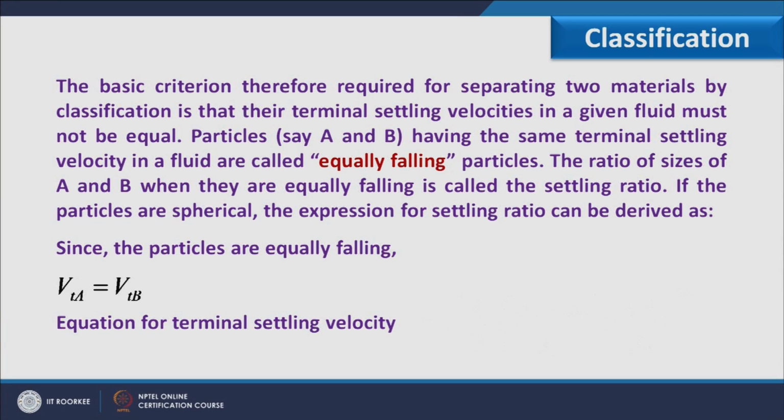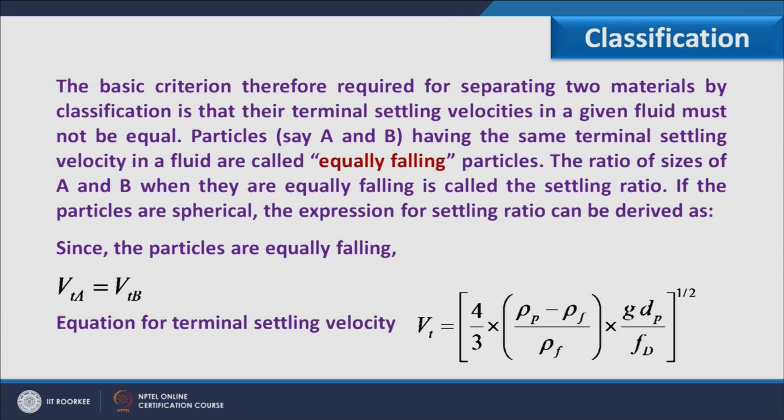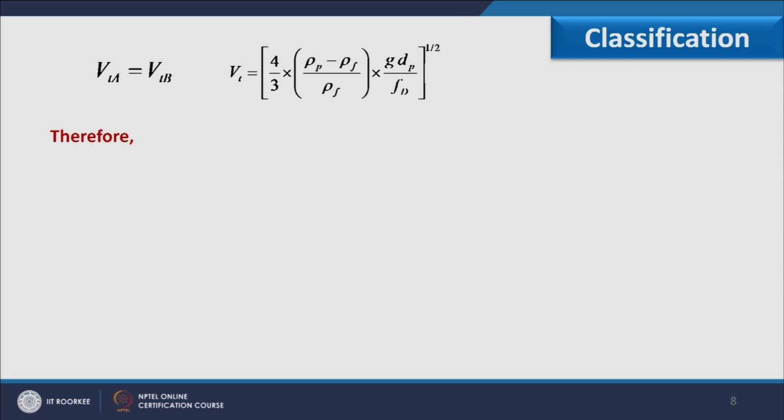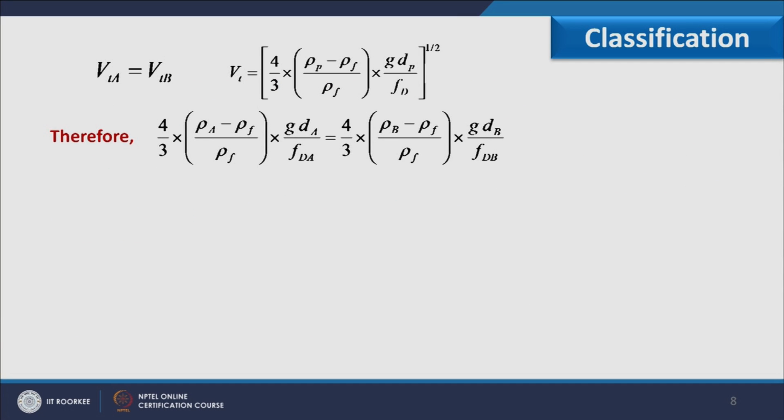This is the equation of terminal settling velocity, the generalized equation, and this equation we will use here also. Therefore, VTA and VTB we can elaborate using this generalized equation. You can see here particle density we have taken as rho A and diameter dA and drag coefficient FdA, with (rho A minus rho F).